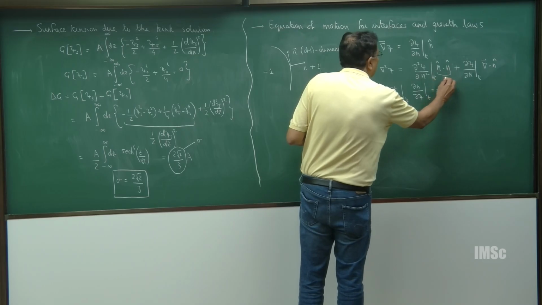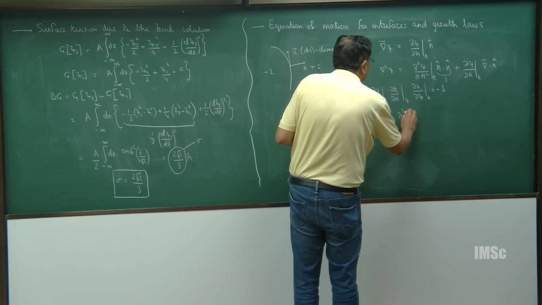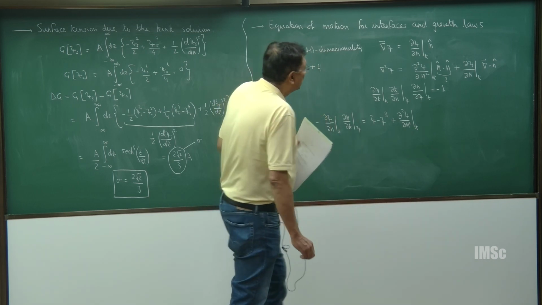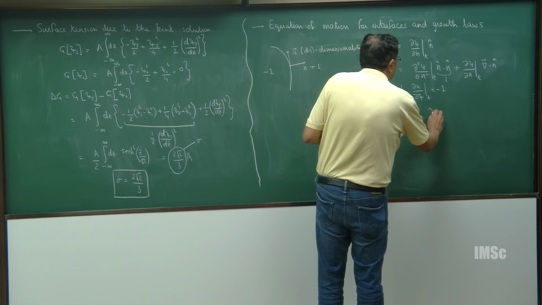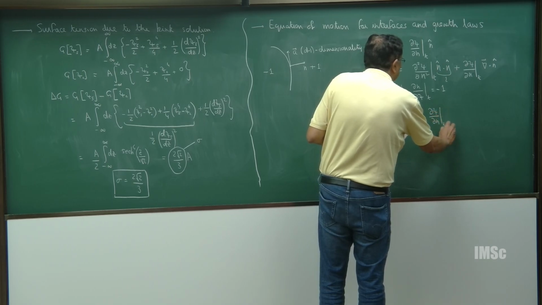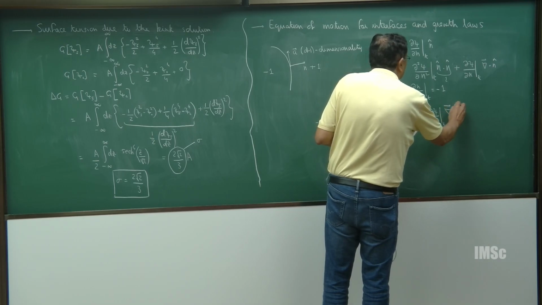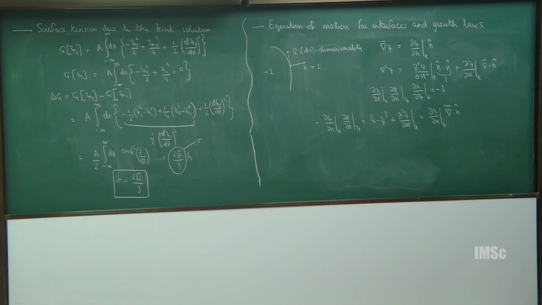This is just 1. So, grad squared psi is plus del 2 psi over del n squared at constant t plus del psi over del n at constant t, divergence of n. Very straightforward playing around with curvilinear coordinates.